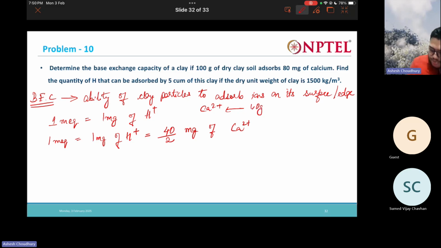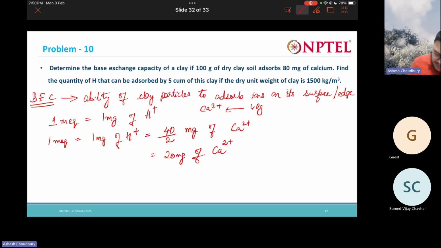But here we are calculating corresponding to 1, so 40 by 2 milligram of Ca2 plus. So 1 milli equivalent is equivalent to 1 milligram of H plus, which is nothing but 20 milligram of Ca2 plus.